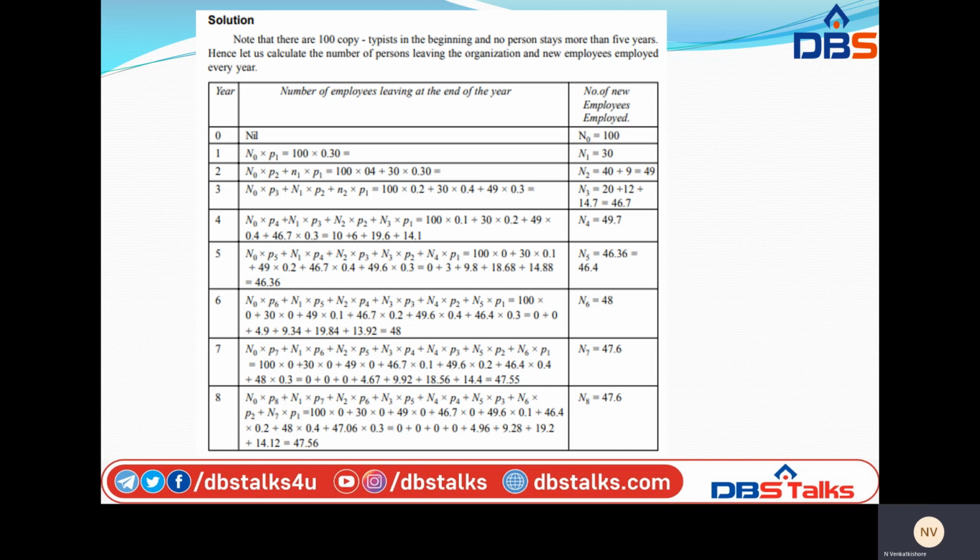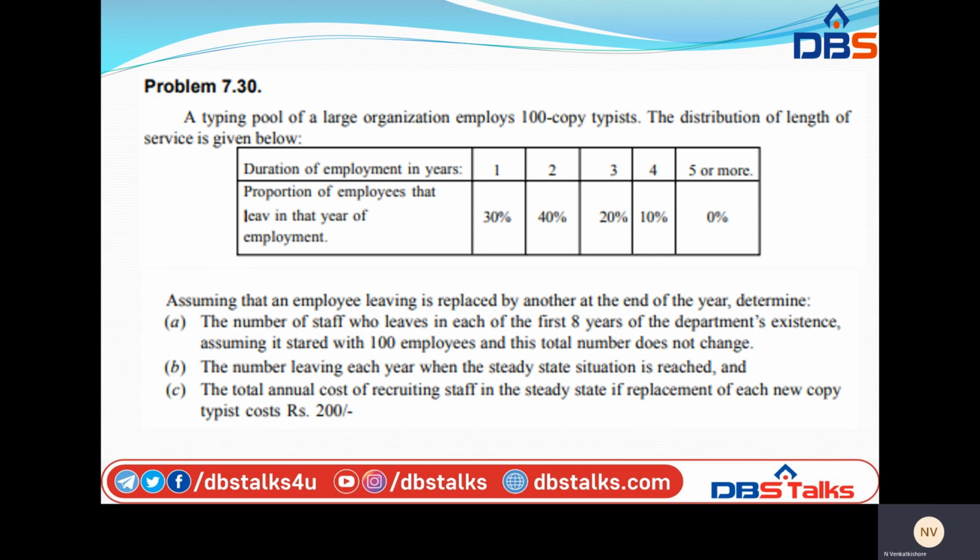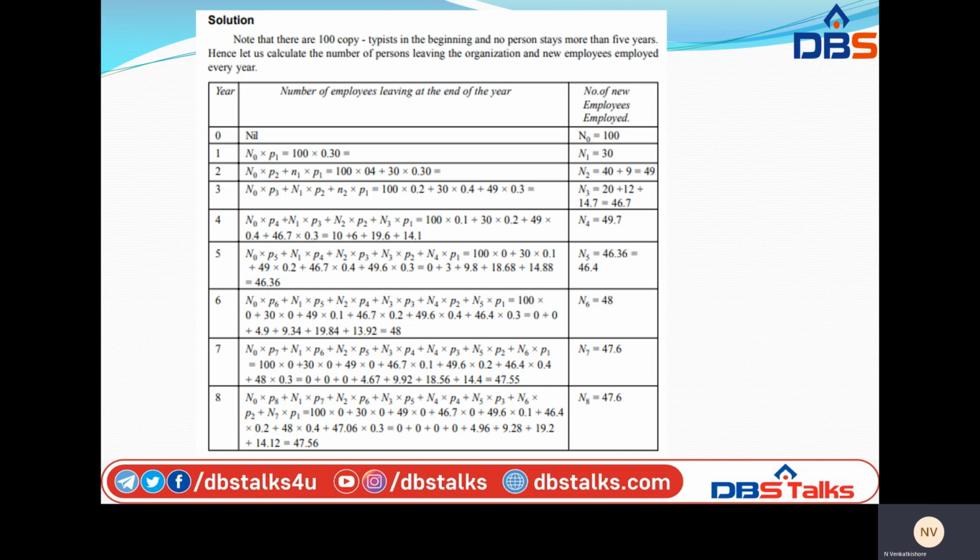Again for the fourth year, in the same way. For the fifth, sixth, seventh, up to the eighth years. But how to find these percentages? In the problem, they have given only for the first 5 years. Thereafter it is 0% of failure, or 0% of leaving.